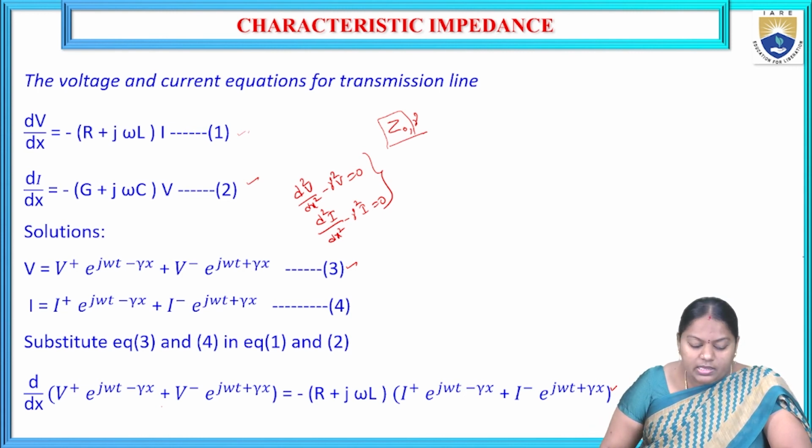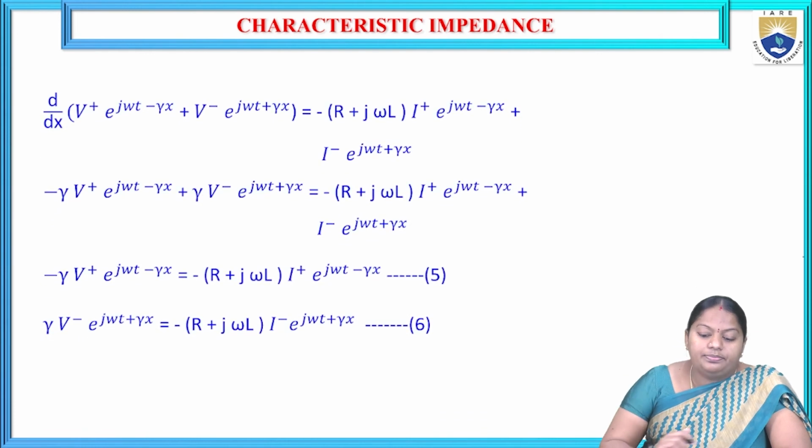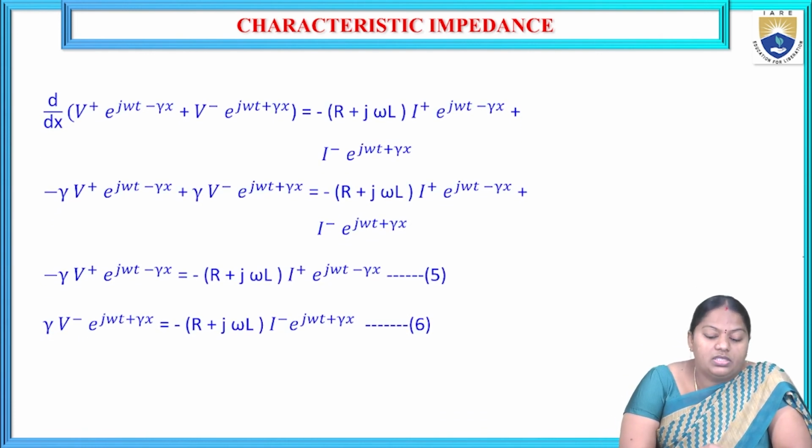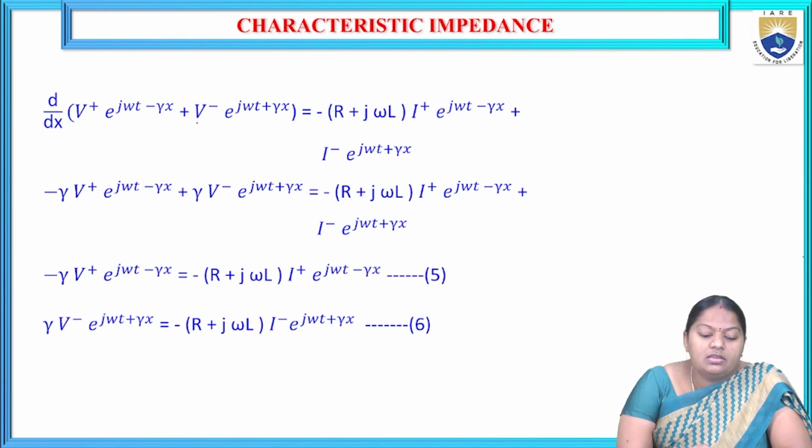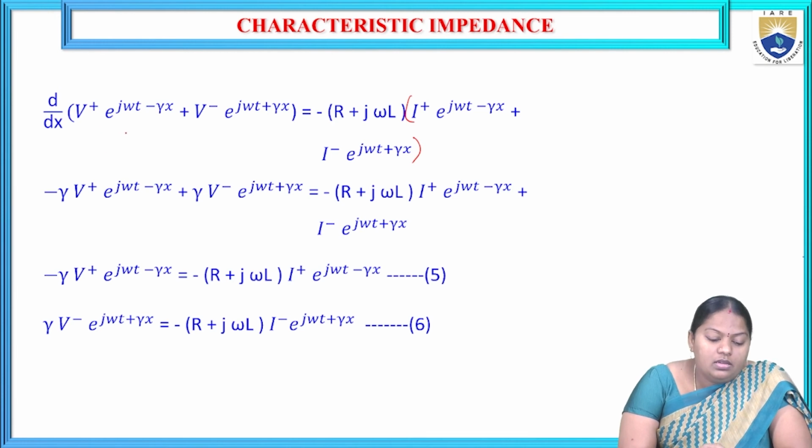Upon simplifying, on the left side we have d/dx of V plus e^(jωt − γx) plus V minus e^(jωt + γx), equal to minus of (R + jωL) into the total expression for I. Now if you differentiate this with respect to x, then V plus and V minus are constants.